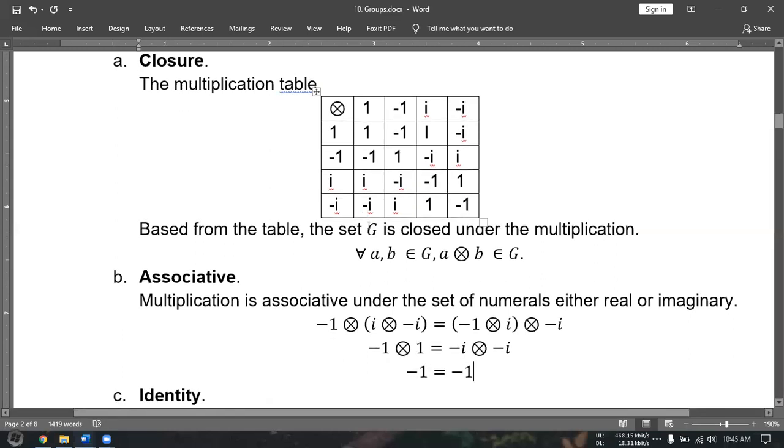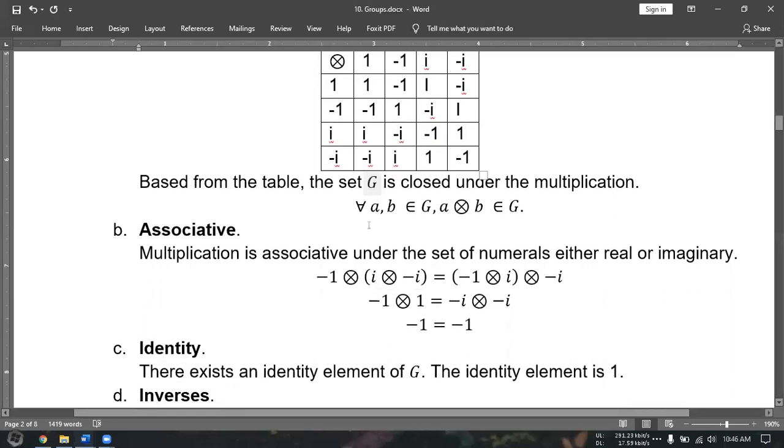Next, what do you think is our identity element? It's very obvious. What is our identity element? 1, sir. Okay, the identity element exists, and specifically, our identity element is 1. Letter C, inverses. Do inverses of all elements exist?